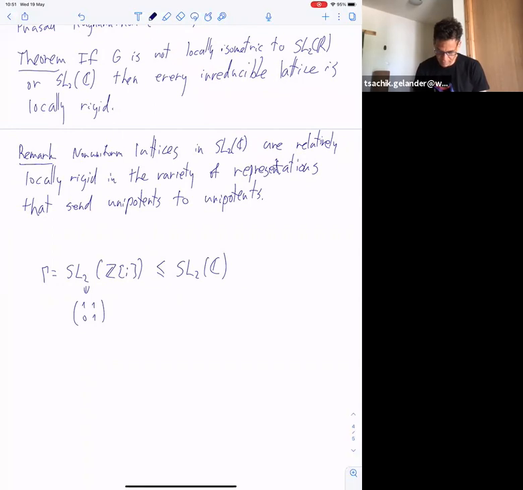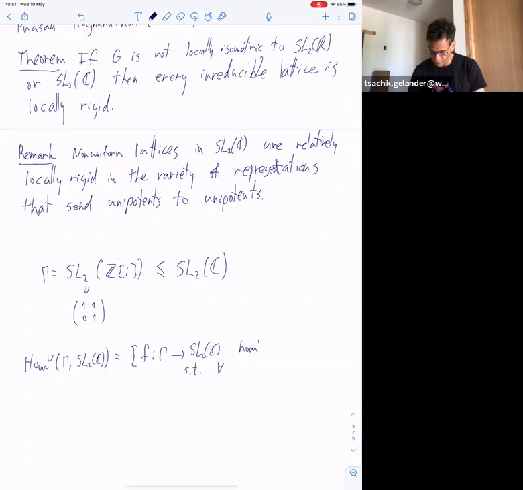let's say, I need a name for that, Hom_U(gamma, SL2(C)) will be all the maps F from gamma, all the homomorphisms to SL2(C), such that for every gamma in gamma unipotent, F of gamma is unipotent.